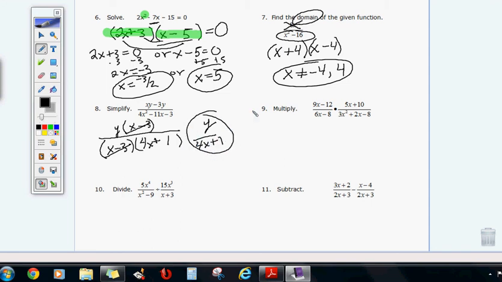Done and done. Over here, you got 3 big GCFs. So we can take a 3 out of the first. So that's going to be 3 times 3x minus 4. And in the denominator here, we're going to be able to take not a 3 out, but a 2 out. And that's times 3x minus 4. Convenient. Times, and then we're going to take a 5 out, and that would be times x plus 2.